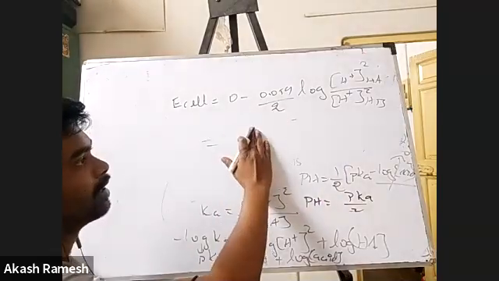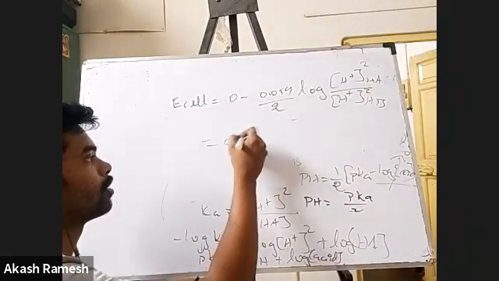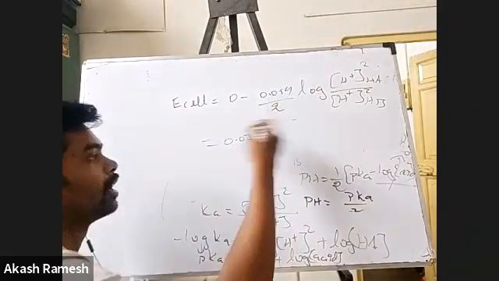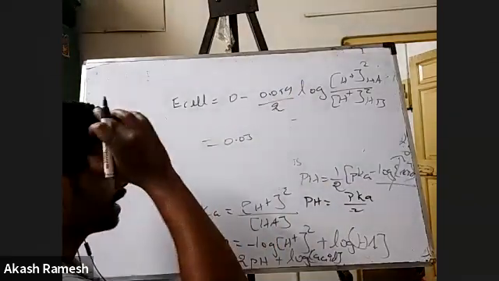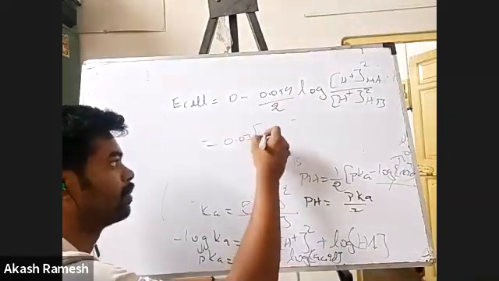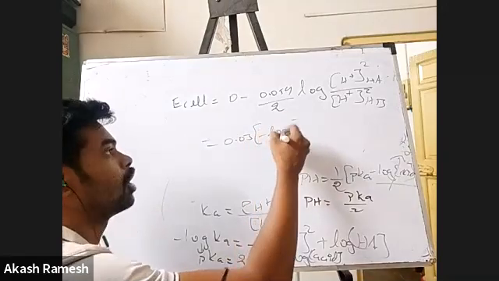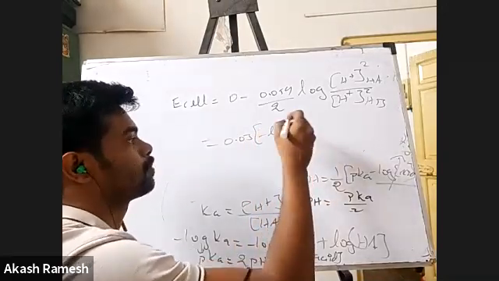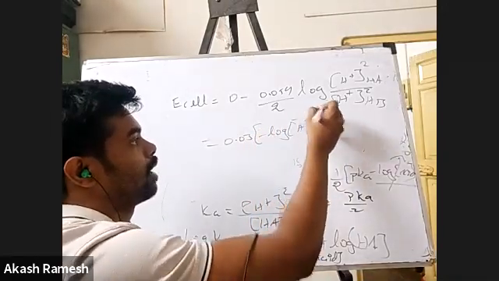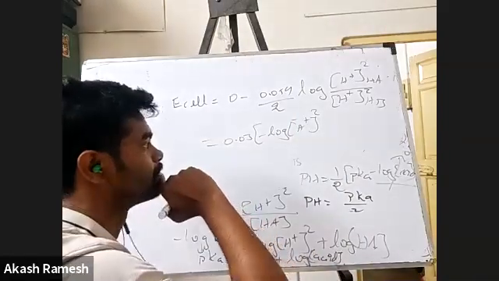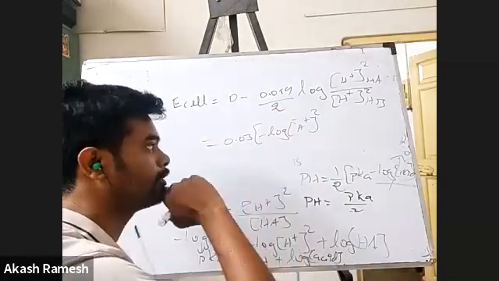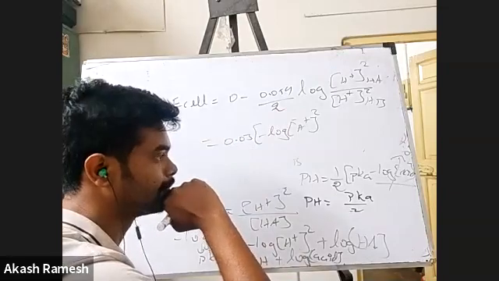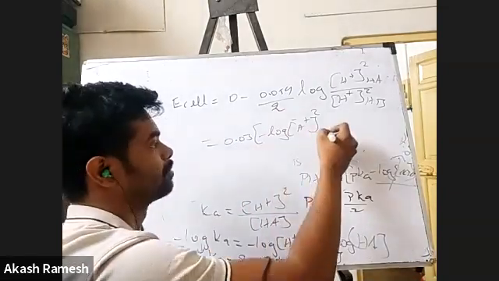So if I write it here, this can be written as 0.03, right? Now let me take the logs inside. So this will become negative log of H plus squared from HA, right?